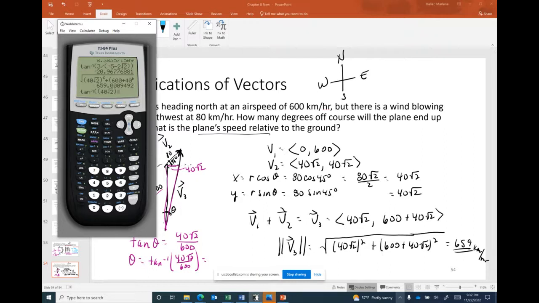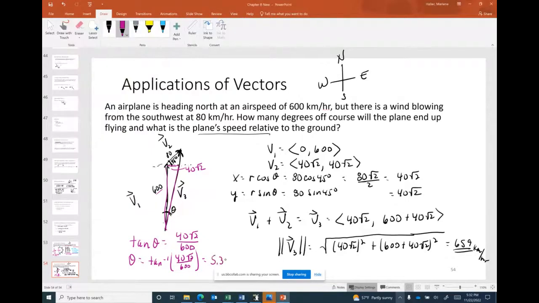Okay, 40 square roots of 2 divided by 600. And it looks like we're at 0.3860 degrees. And what direction are we here? East of north. Whew. Okay, and that ends the lecture for section 8.4, vectors.